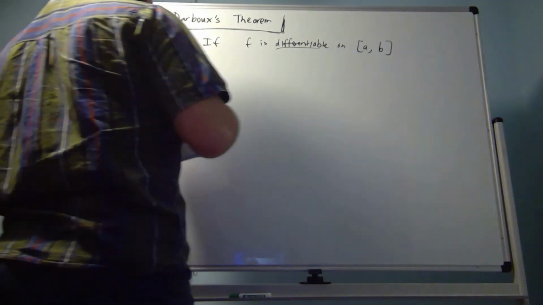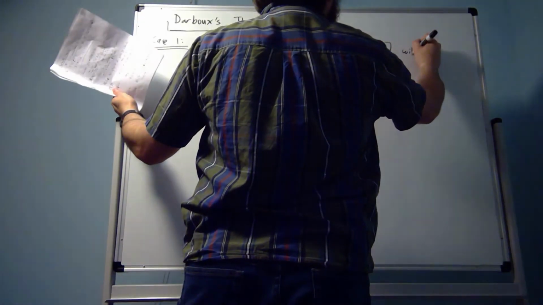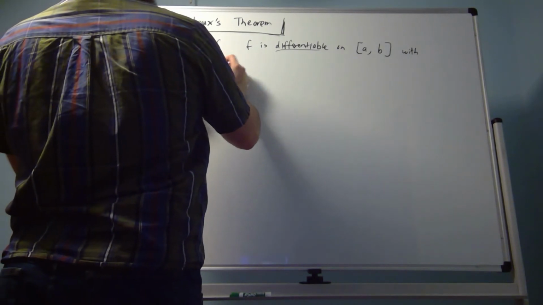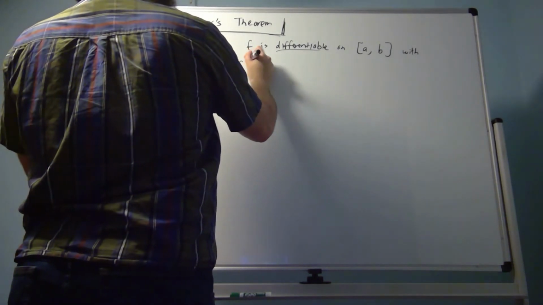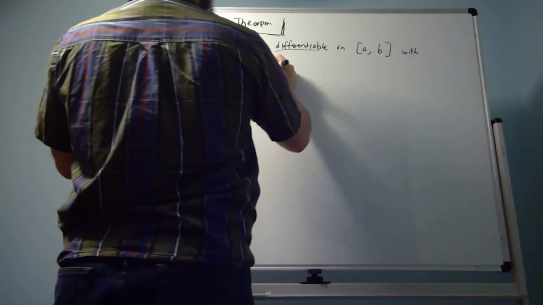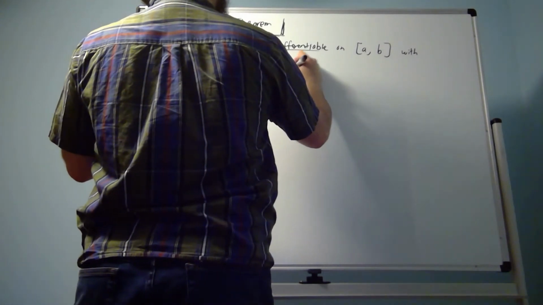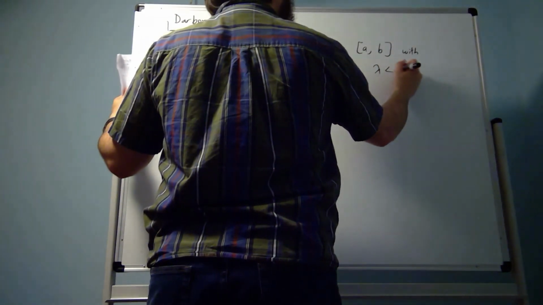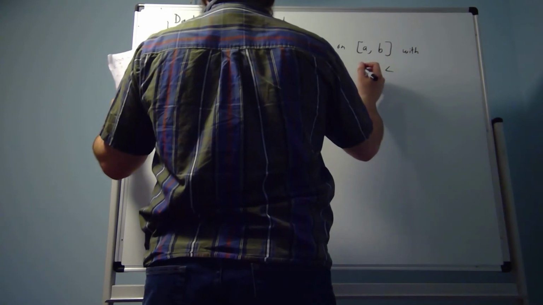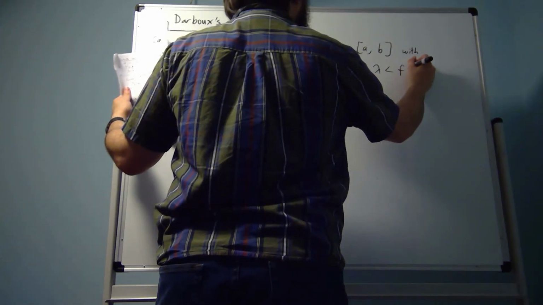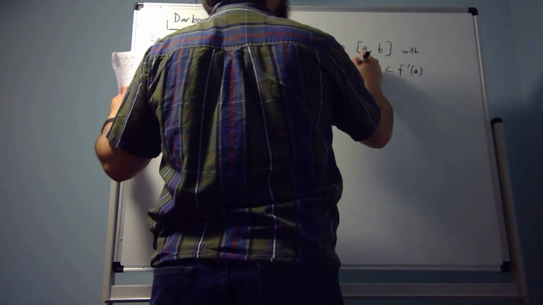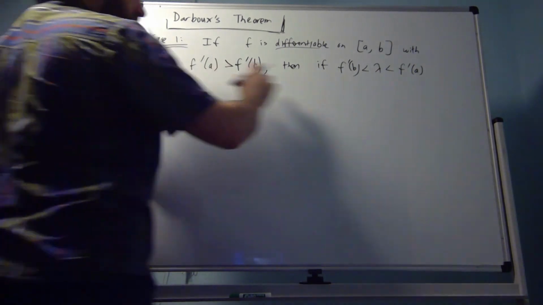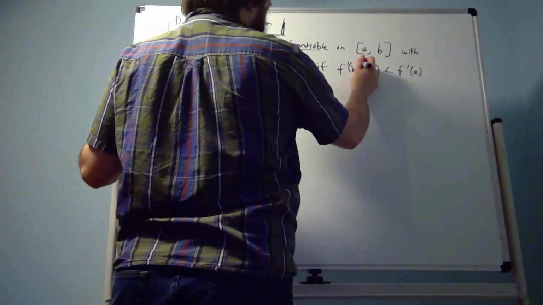For the sake of the argument, lambda is in between the two. So f prime of A, I'm just saying for the sake of argument, we would have to repeat the argument. If it's the other way around, we repeat the argument, but with changing everything that needs to be changed.